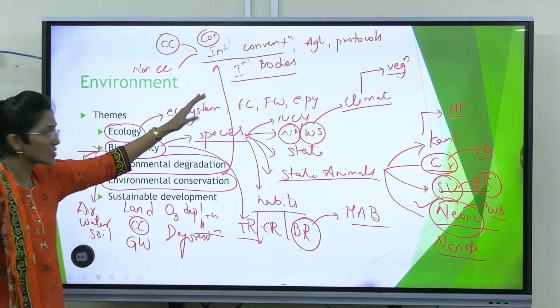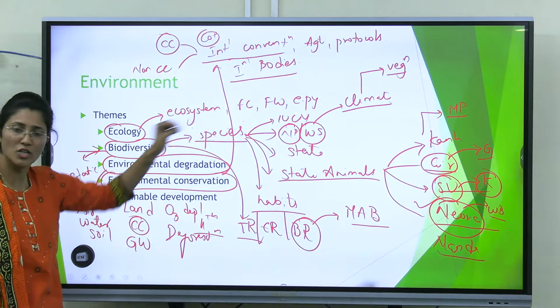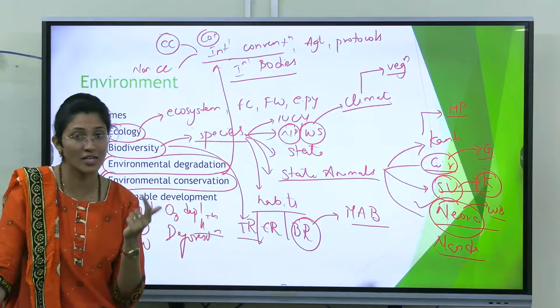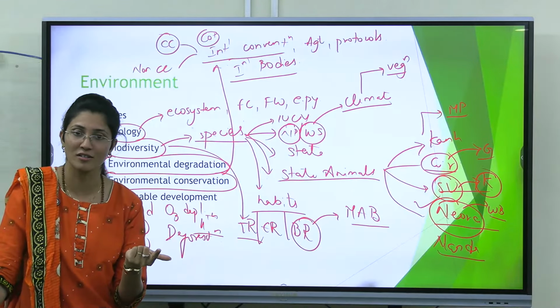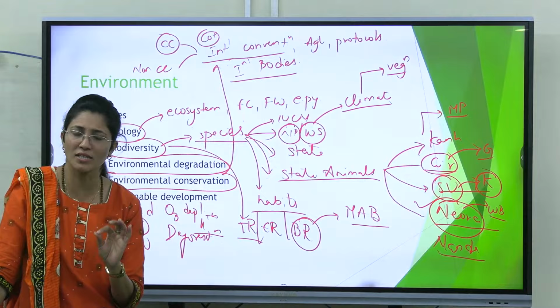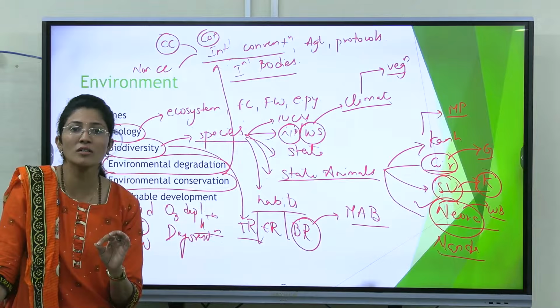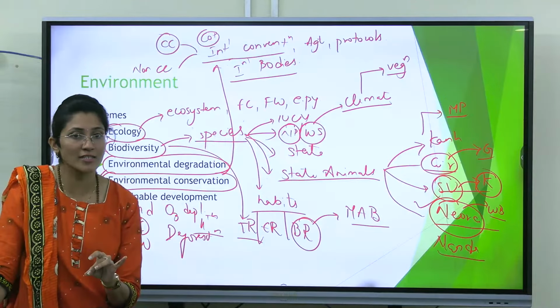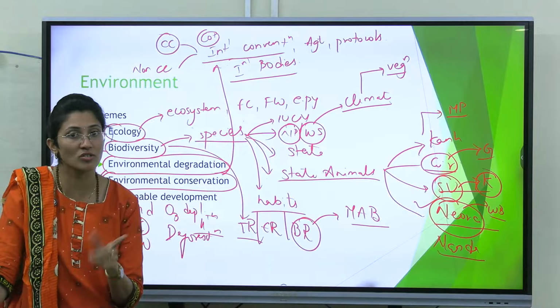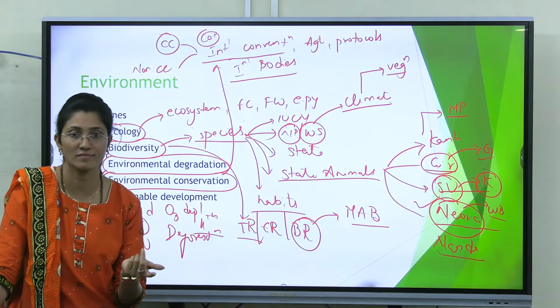These are some international bodies which are involved, and you need to find out whether India is a founding member or not, whether India is a member or not, did India sign it or not, and whether they are international non-governmental organizations, intergovernmental organizations, regional organizations or global organizations.